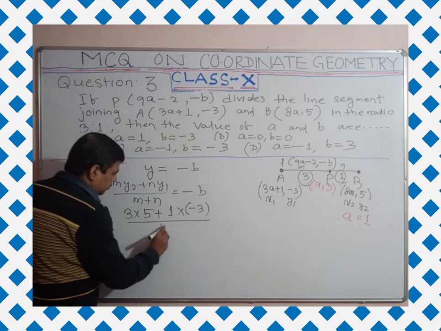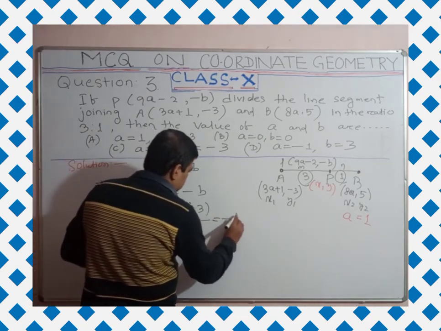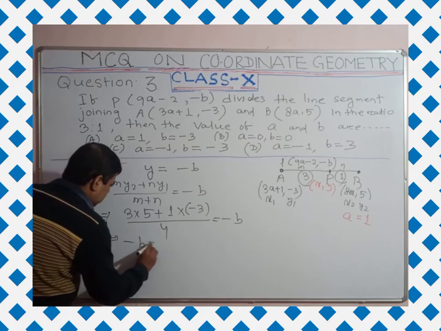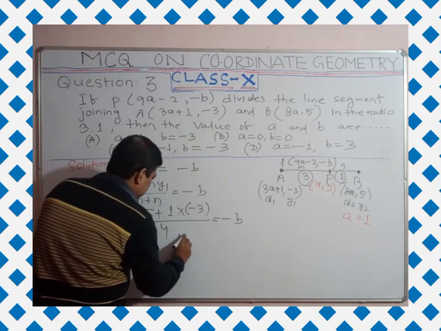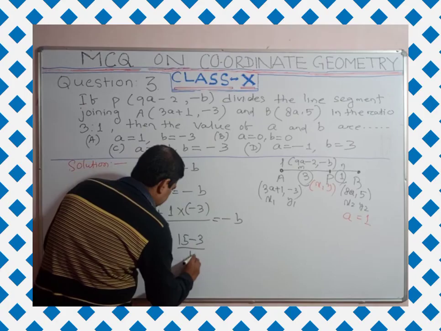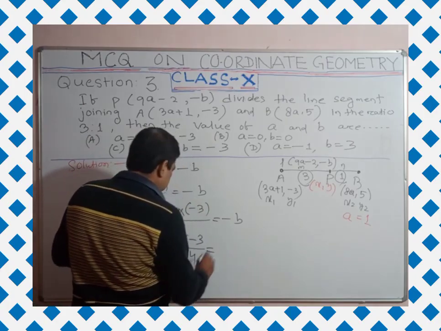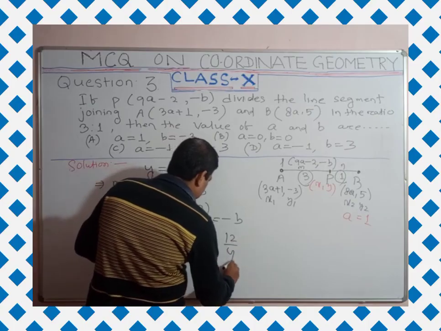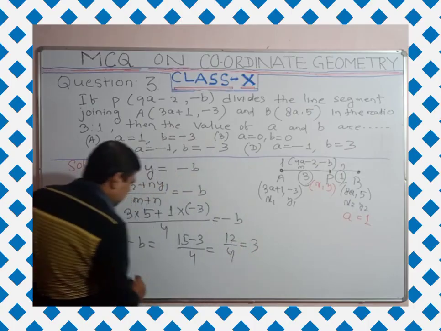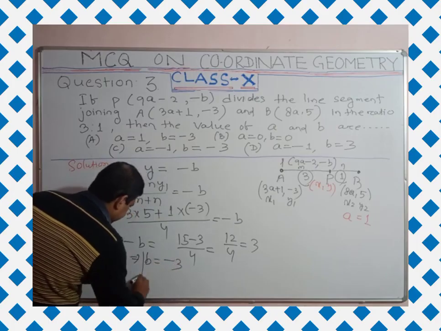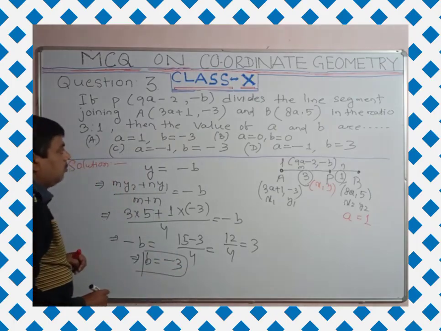So 3 plus 1 is 4, which is equal to minus b. That implies minus b is equal to 3 into 5 is 15 minus 3 divided by 4. Here 15 minus 3 is 12 upon 4 is equal to 3. Understand? So minus b is equal to 3, then b is equal to minus 3.